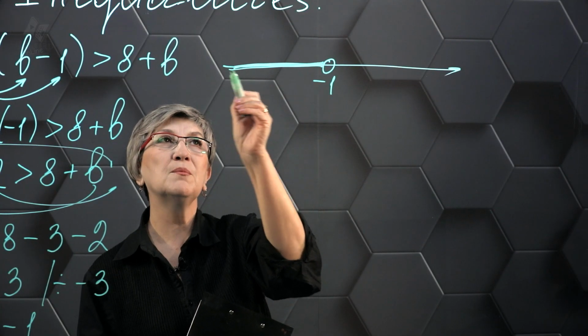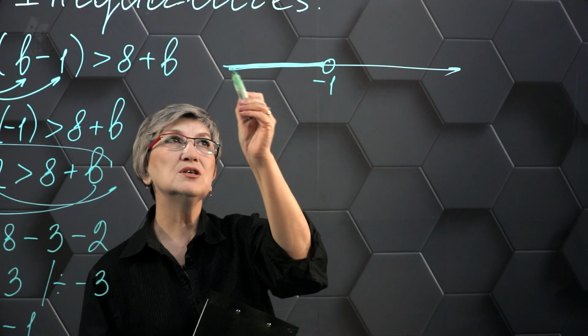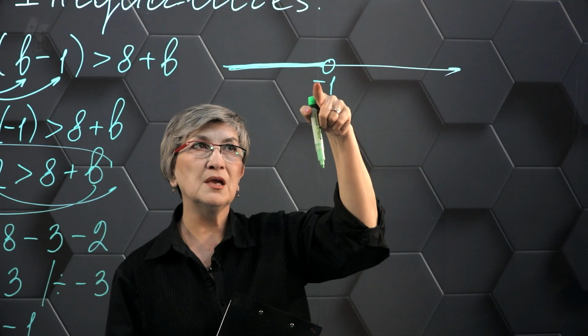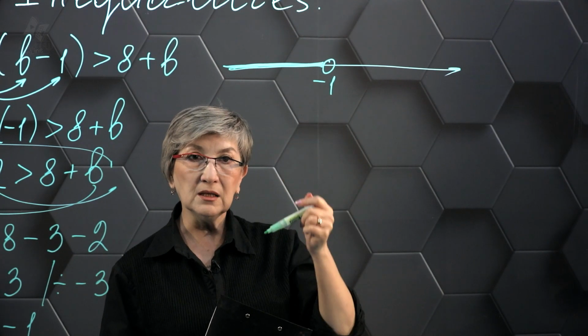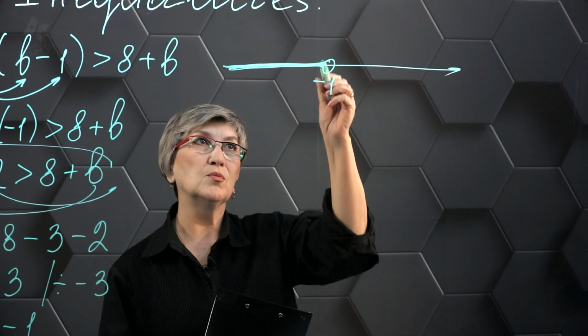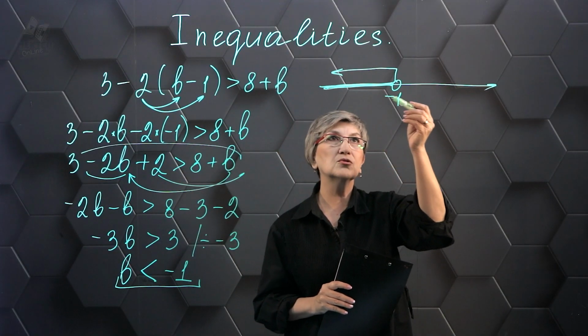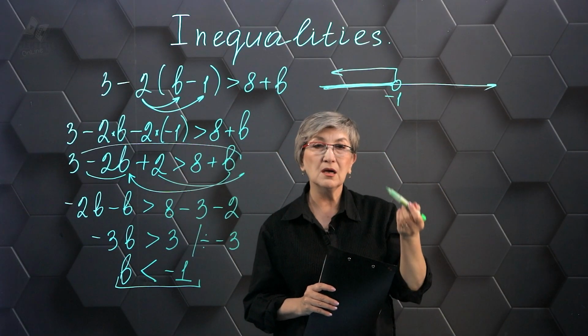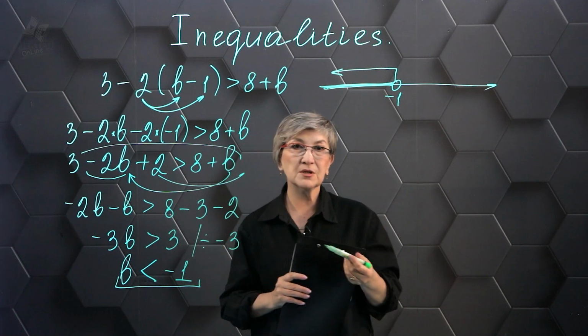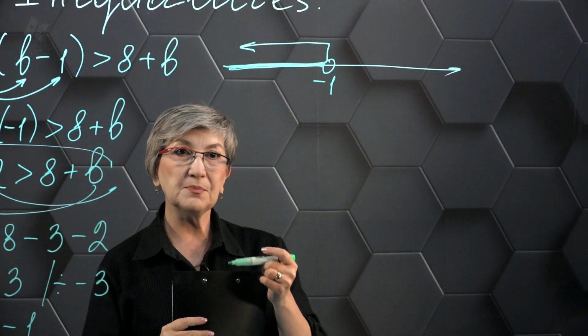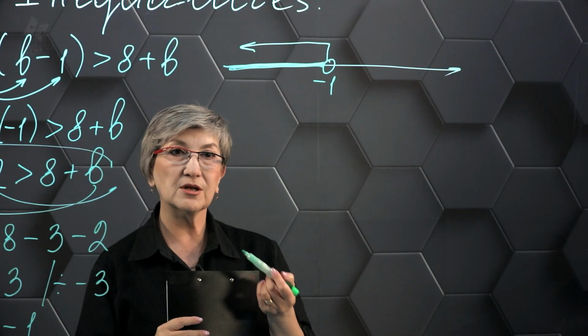You could show with an arrow that all the numbers to the left of minus 1 will be the solution to our inequality.